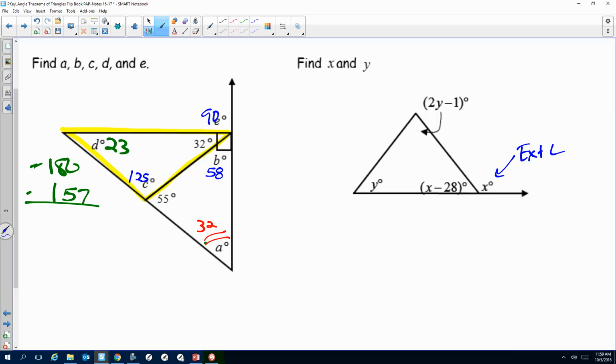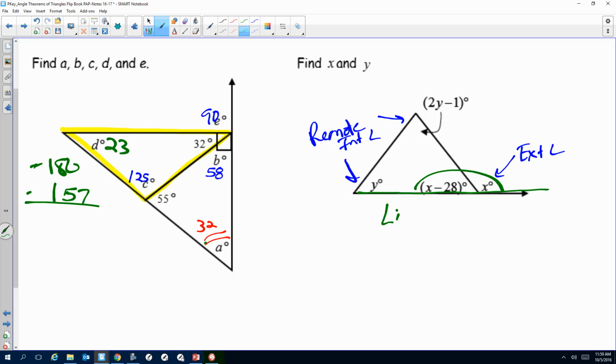The 2y minus 1 and the y are the remote interior angles. But right here, on this line that is extended, what do we have? Linear pair. So that's where you want to start. You first want to use your linear pair.